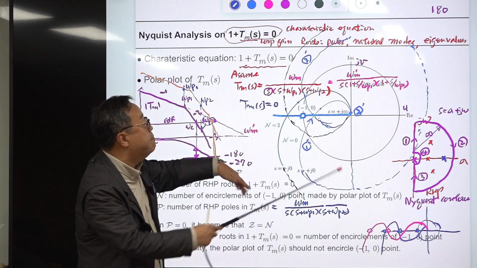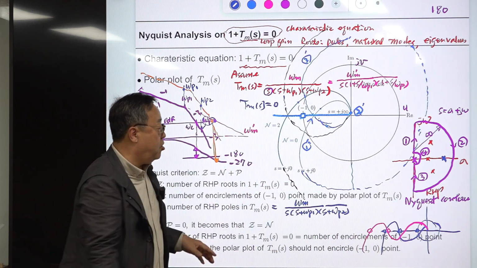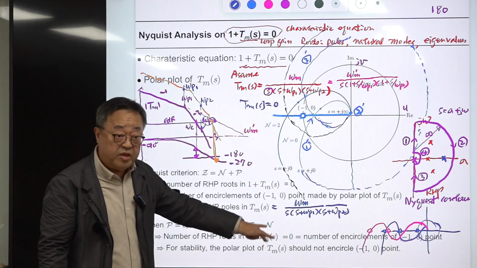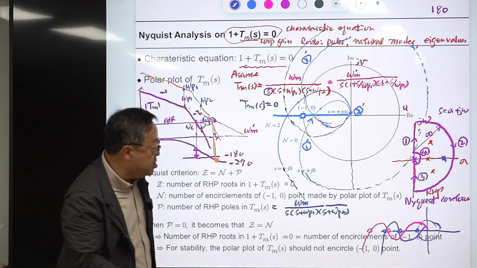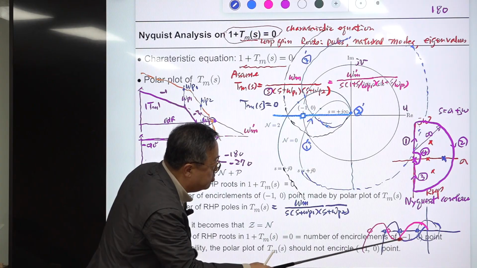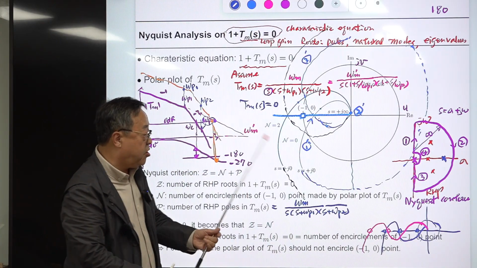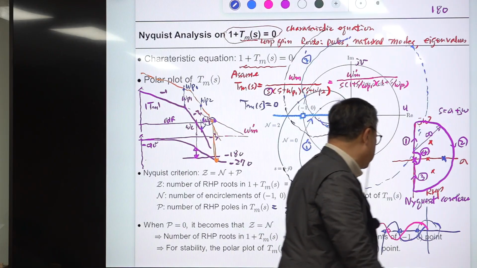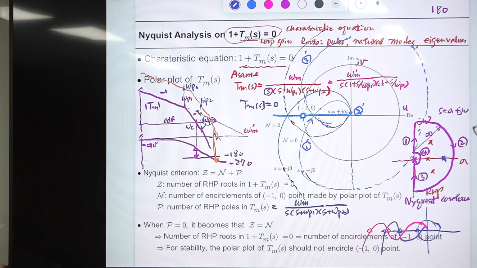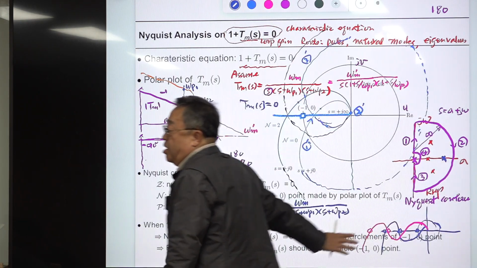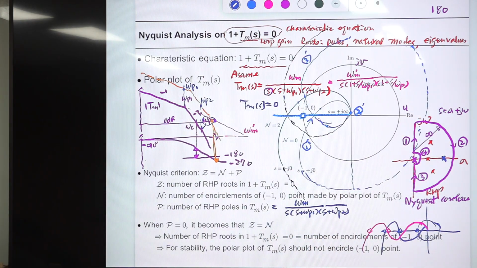Then this same criterion can still be applied to determine stability. Okay, this is an unstable system. This is a stable system, but they are conditionally stable or unstable. If the gain is reduced, then the stability will change. Okay, but you don't meet this kind of case often.